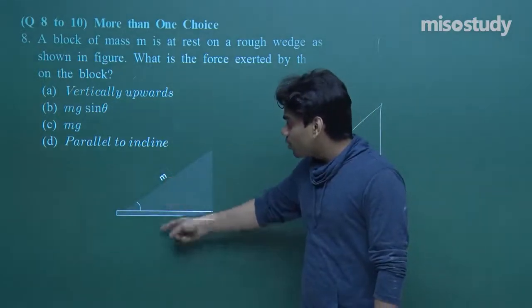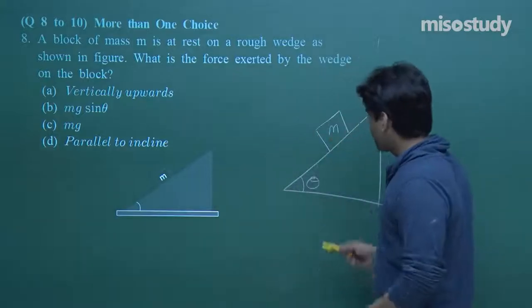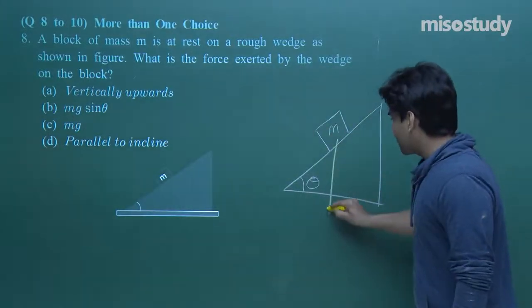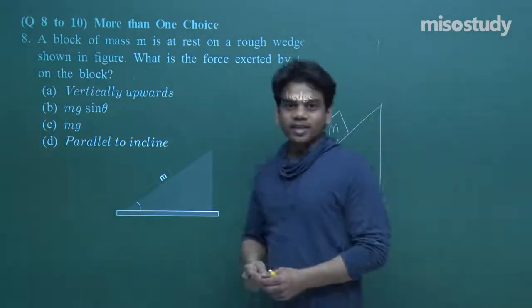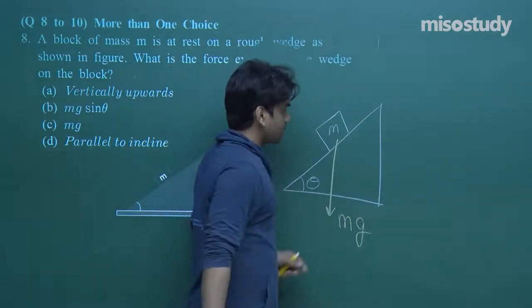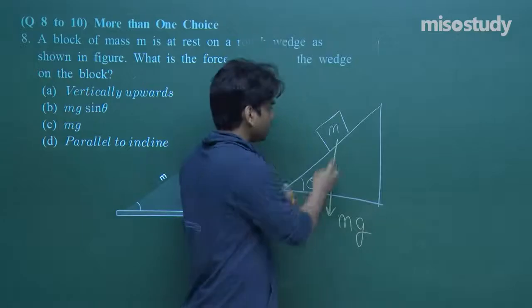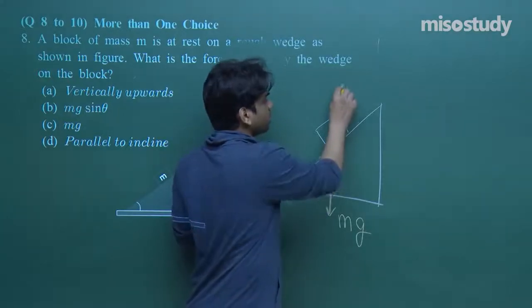This block, its weight will be acting vertically downward. So what I'm going to show you, the weight is acting along the vertical downward direction. So let me show you here that mg is acting along the downward direction. It's in equilibrium. Quite simple for us to make out that the surface will be exerting net force.